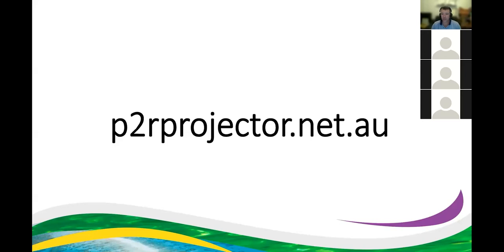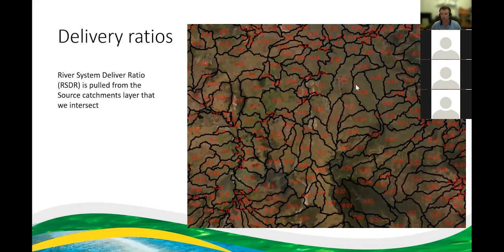They'll be slightly different because this is a bit finer scale. You've got different delivery ratios here. So if you averaged all of these ones on the screen out, you'll end up with mid-30s, maybe something like that. Whereas, depending on where you fall on this screen, you're going to have different delivery ratios. So yeah, different results depending on where you fall.